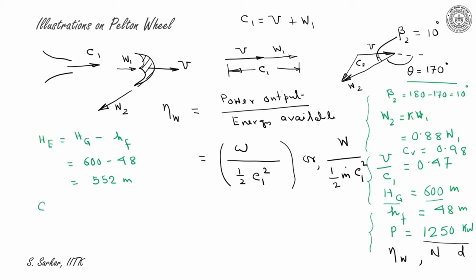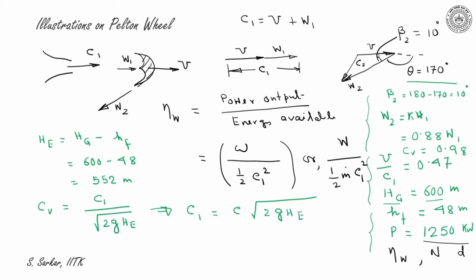Now I can define CV, that is coefficient of velocity, as C1 by root over twice G into HE. Thus from here I can write C1 is equal to CV into root over twice G into HE.